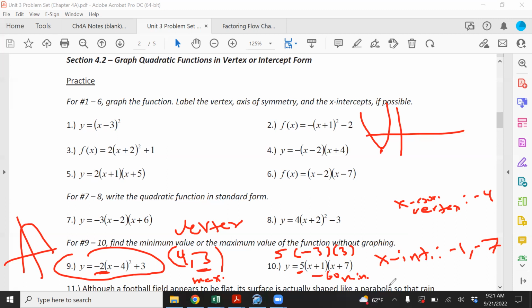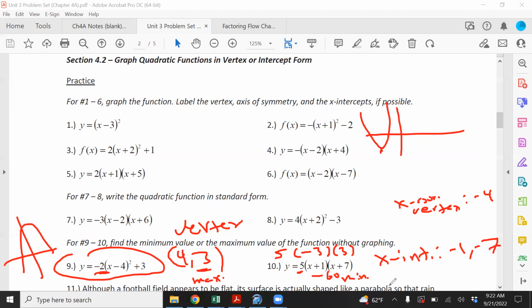Do you care if I do the first? I think the first question you should ask yourself, probably where you're stuck, is: what form am I given? I'm given vertex form for number 9. If I'm given vertex form, I can immediately identify the vertex, 4 and 3, because it's x minus h squared plus k.